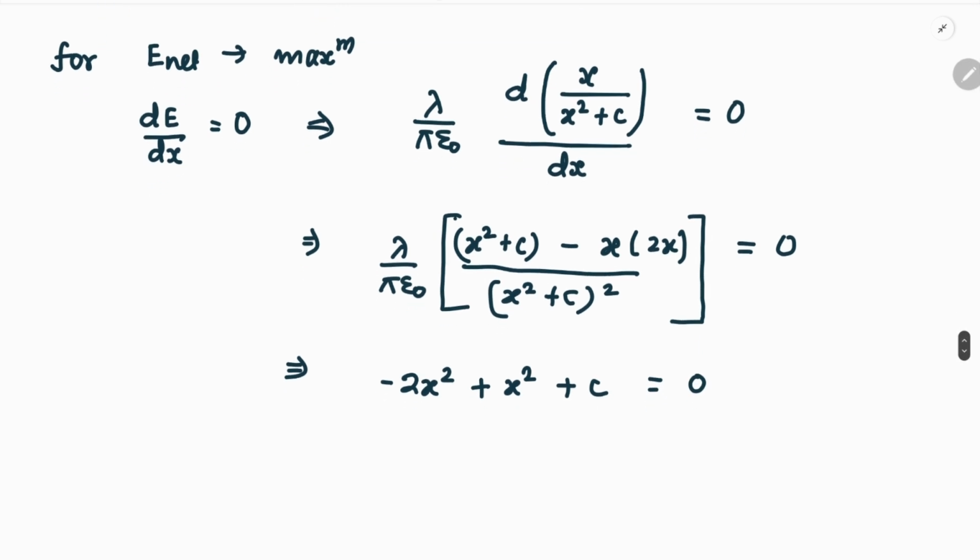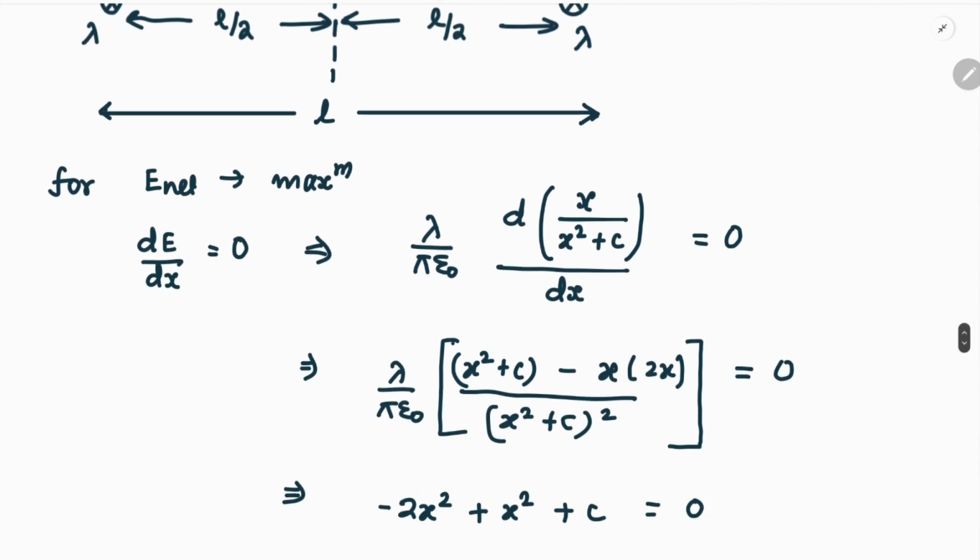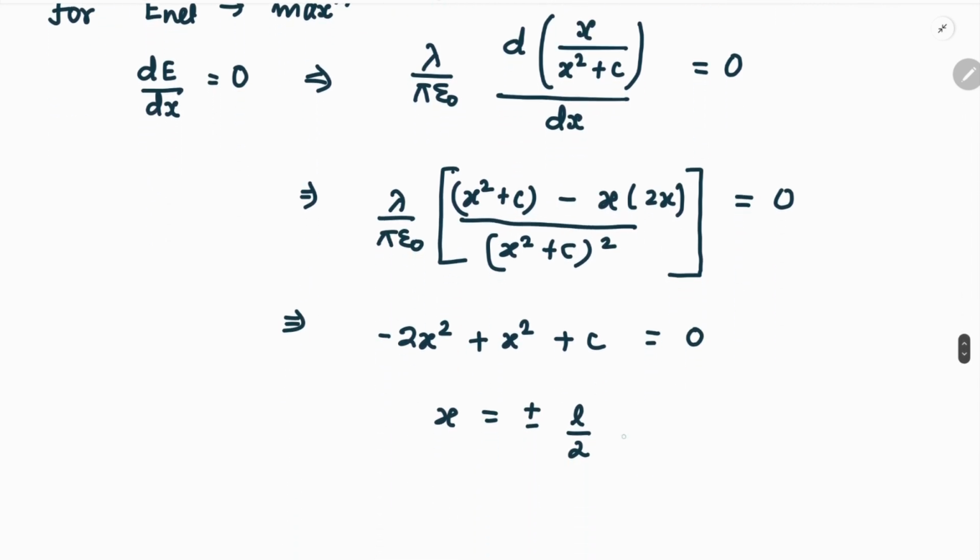So we get the value of x as plus minus L by 2. So we get minus x square plus c, so x square equals c, and c being equal to L square by 4. So we get x equals plus minus L by 2.